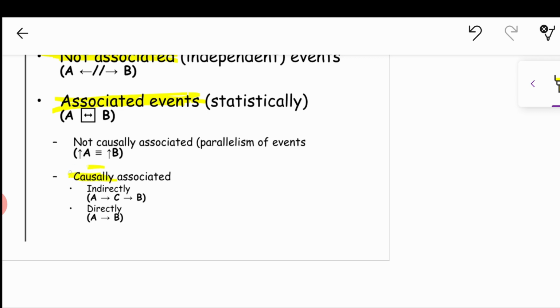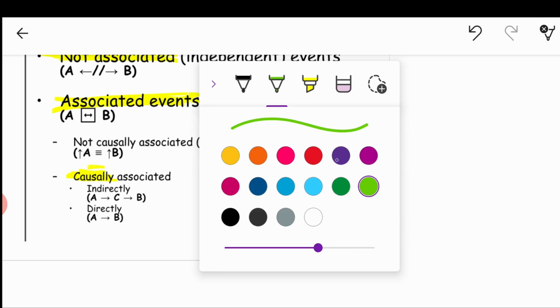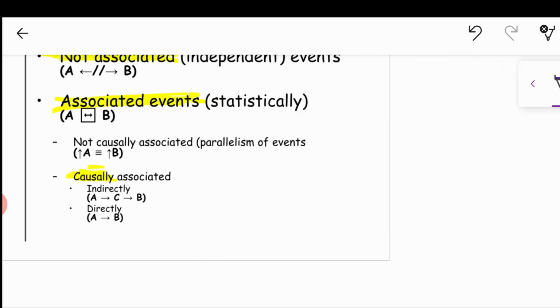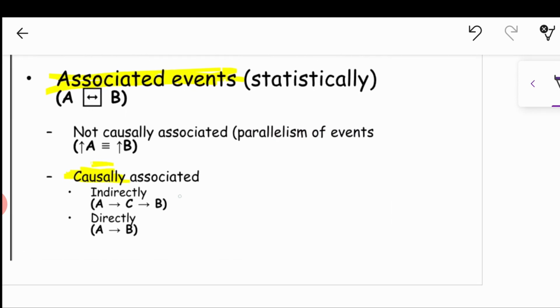Causally, is there any causation? All right. So is the event indirectly associated? All right.